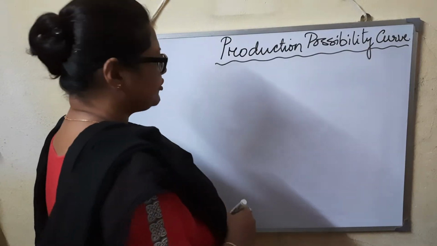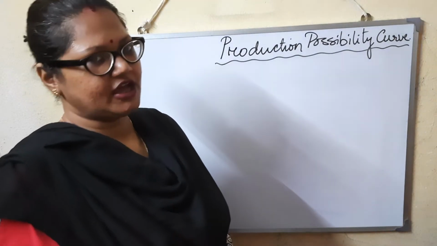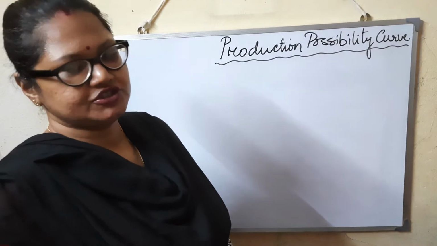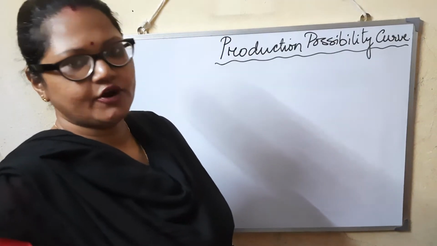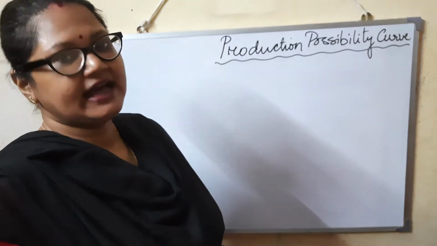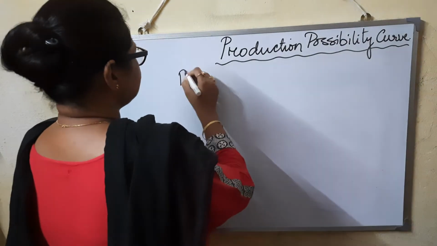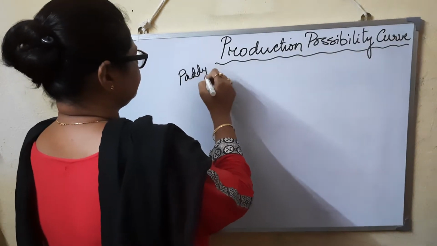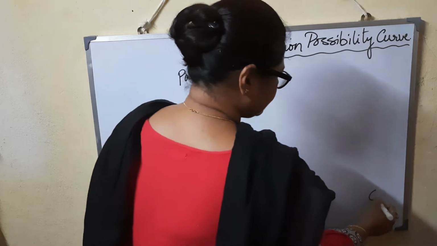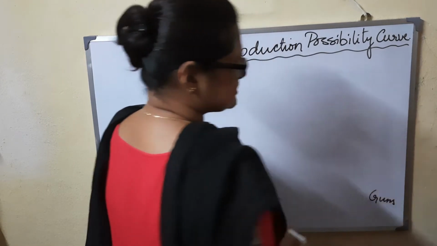Suppose a country produces, just for the sake of an argument, two commodities. Consider rice or paddy and guns.